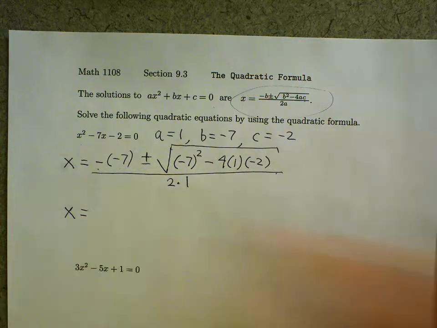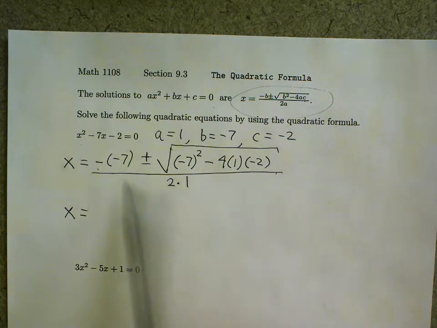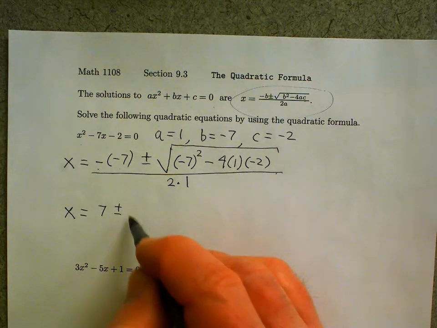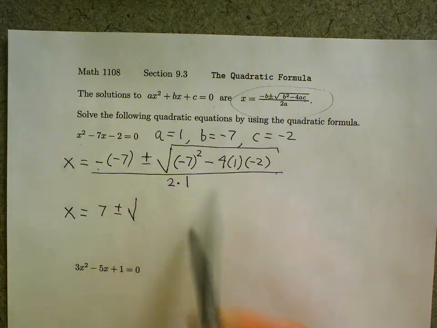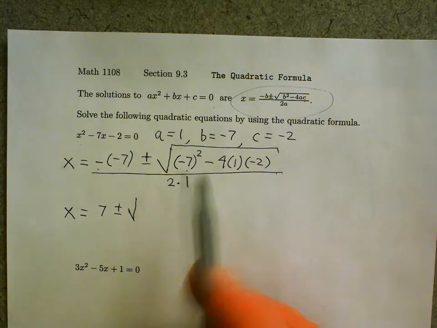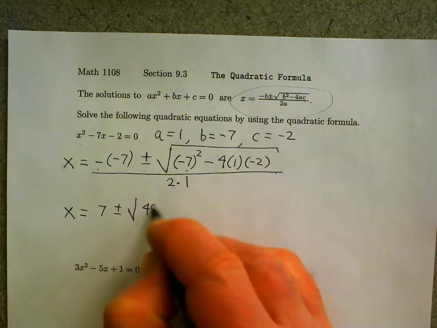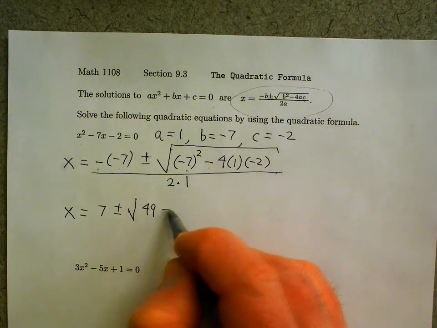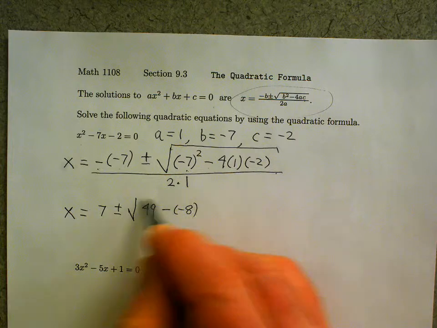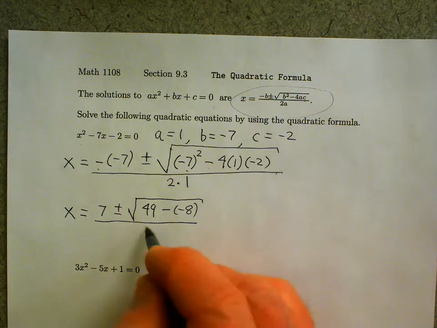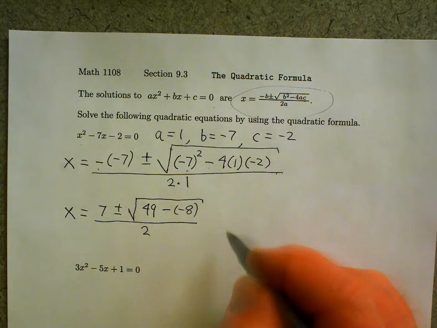In the next step, we'll do the arithmetic. The negative of -7 is +7, then plus and minus the square root of a number. So the number -7 squared is +49. And we're subtracting -8. And then we're dividing by 2, since 2 times 1 is 2.